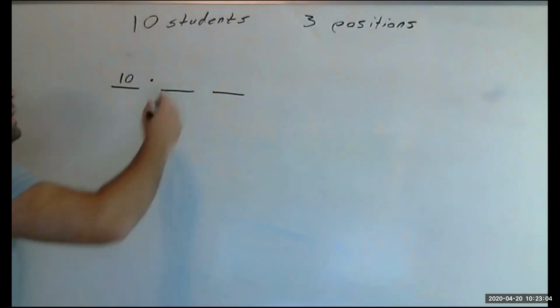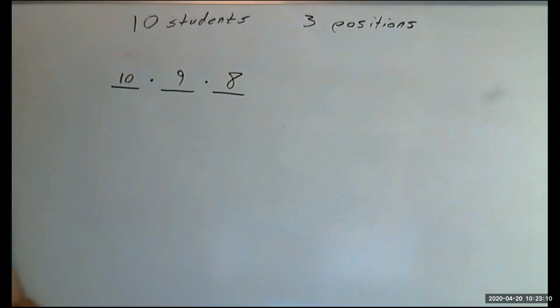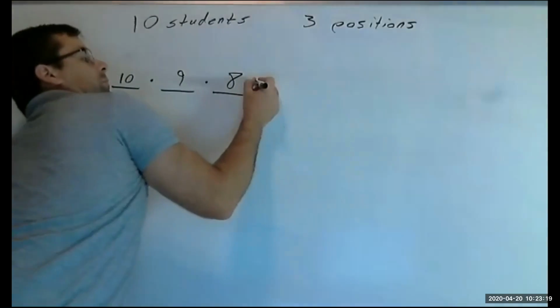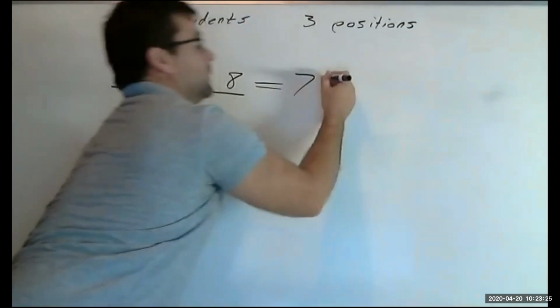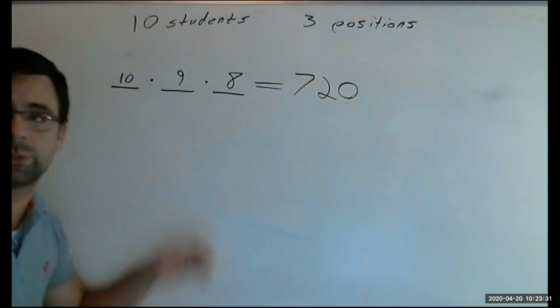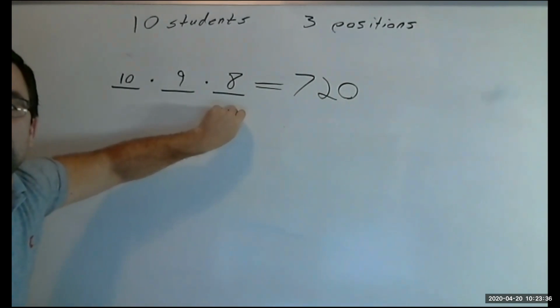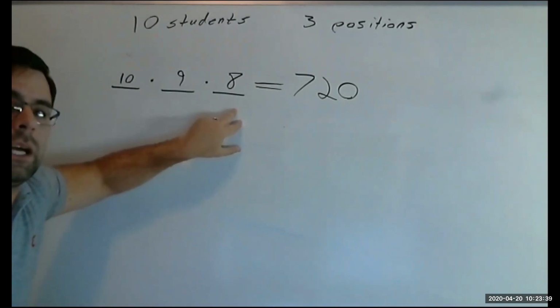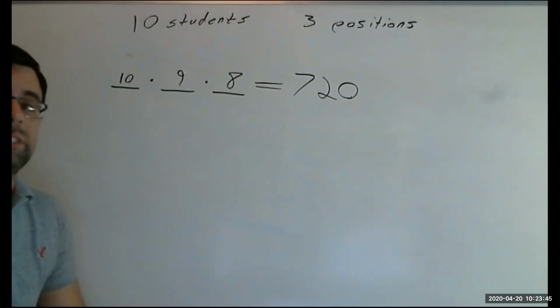And what about the third position? 8. Very good. Does anybody happen to know how many this is? 720. Yeah. And again, a quick way to do this: what is 9 times 8? 72, and then add a 0. Very good, so we have 720.